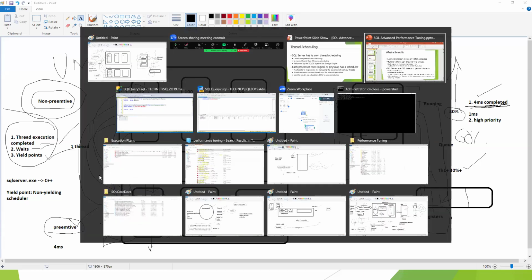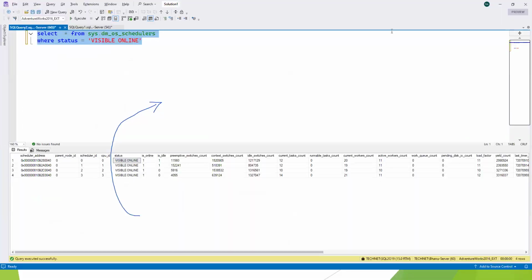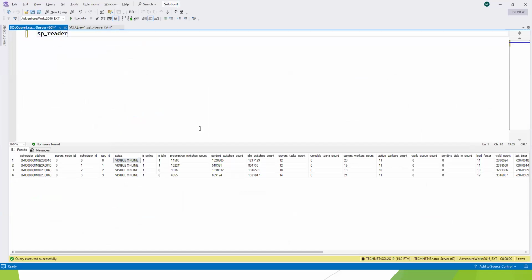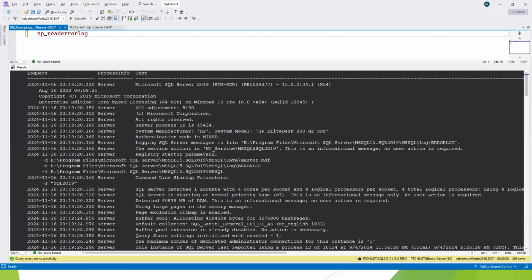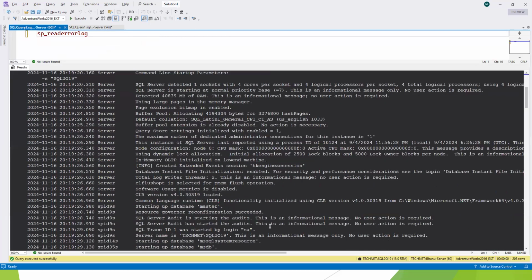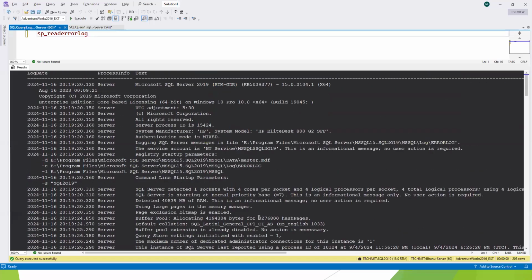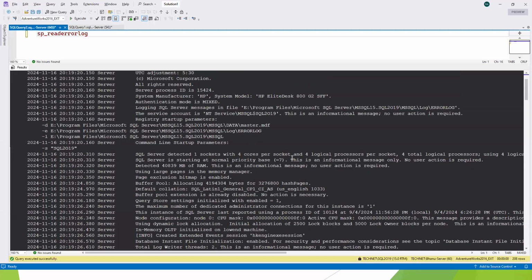If you see here, I'll show you. Run sp_readerrorlog, go back to the text mode and execute. See here, SQL Server is starting at normal priority.